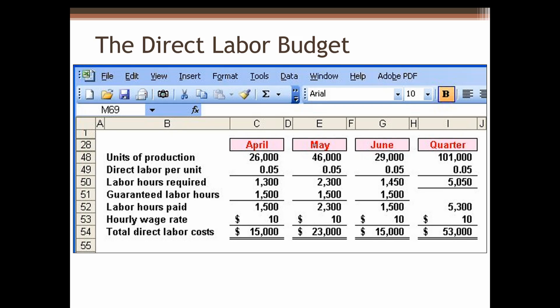So we multiply by $10 and we can get total direct labor costs in dollar amount. If you add up together, or if you use labor hours paid total for the quarter multiplied by hourly wage rate, you can get the same number. This is total direct labor costs for the quarter, $53,000.